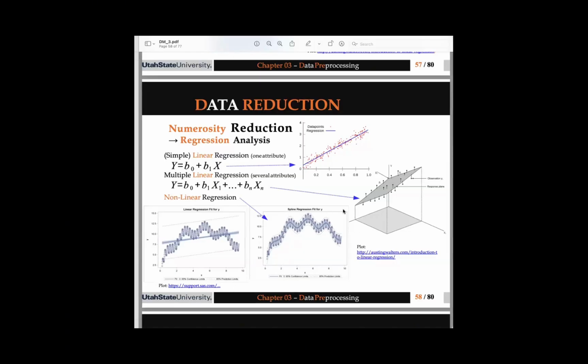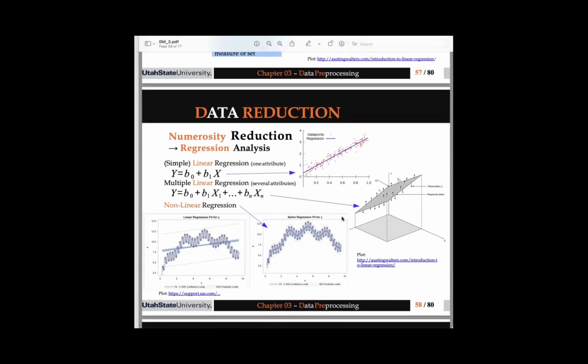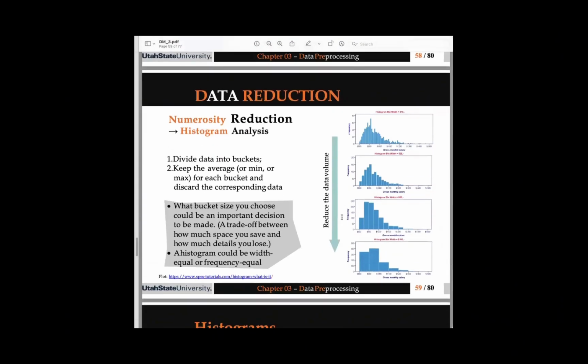So it's not really a linear model that we're talking about, where the relationship between x and y is no longer just a straight line. From a data reduction perspective, all these methods share the same idea, right? We're just replacing a large data set with a small set of parameters that can summarize the underlying trend in my data set here.